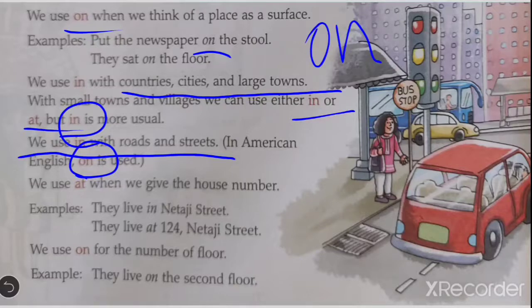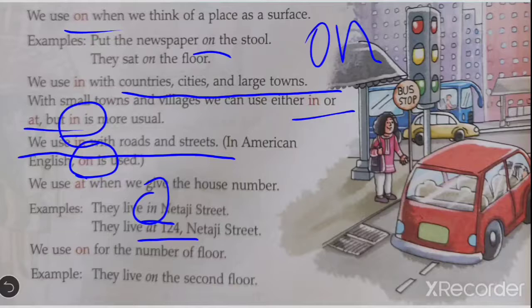We use at when we give the house number. They live in Netaji Street. It's a street name. But with the street, if you give a number, they live in Netaji Street, it's fine, the in will come. But when you say they live at 124, now look here, one particular number is given.